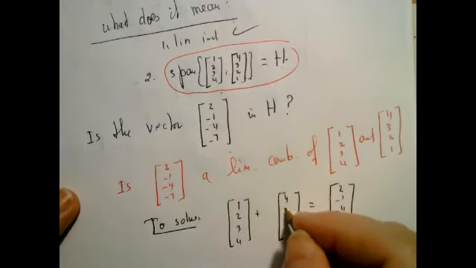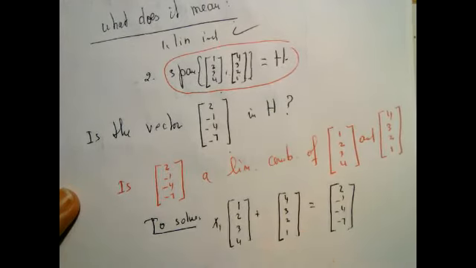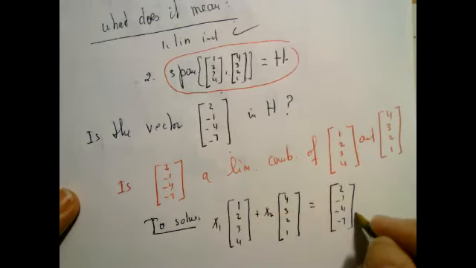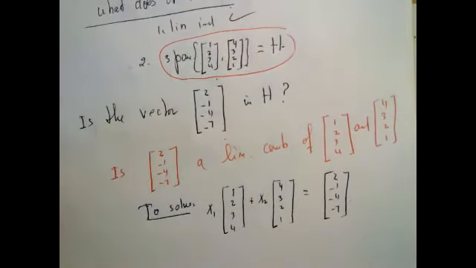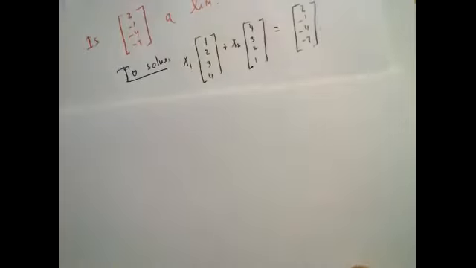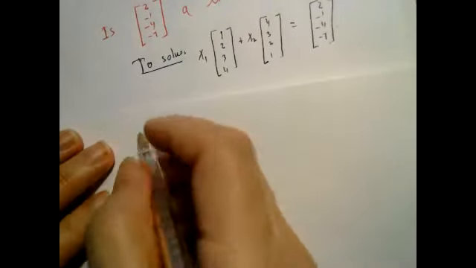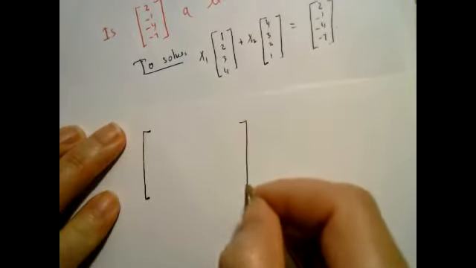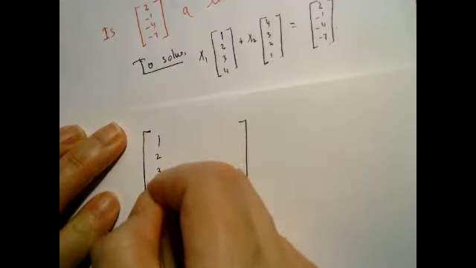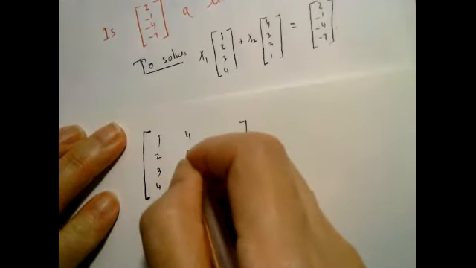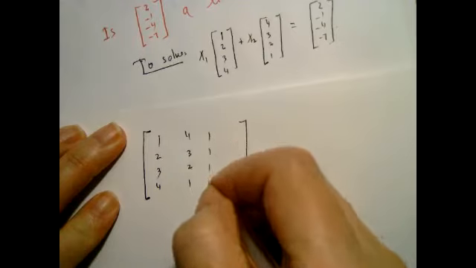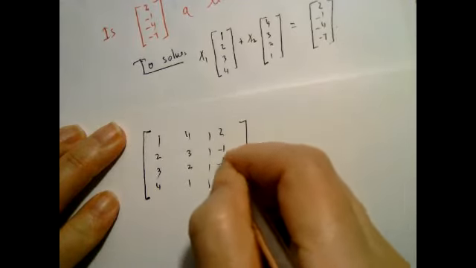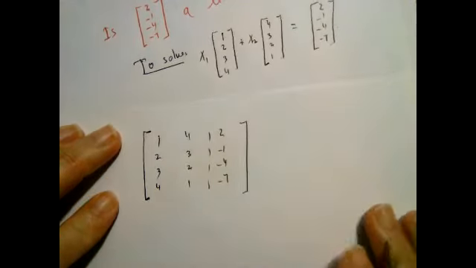Asking if it is in H means, can I put something here to reach that vector? At this stage, this has become a problem that we've done like a million times by now. I just have to solve it correctly. So (1, 2, 3, 4), (4, 3, 2, 1), and (2, -1, -4, -7).